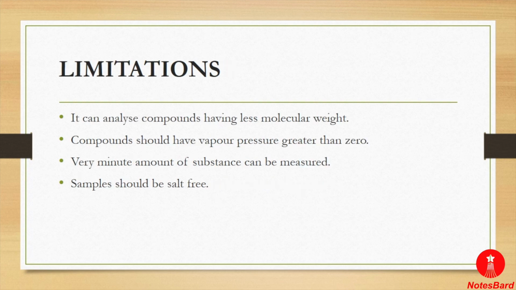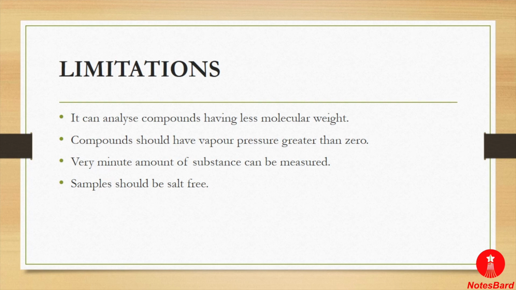So these are the limitations of this method. It can analyze only those compounds which have low molecular weight, because we know that the method includes vaporization of the mixture, and for vaporization the molecular weight should be low. Another limitation is that the compound should have a vapor pressure greater than 0, and only a very minute amount of substance can be measured by this method.